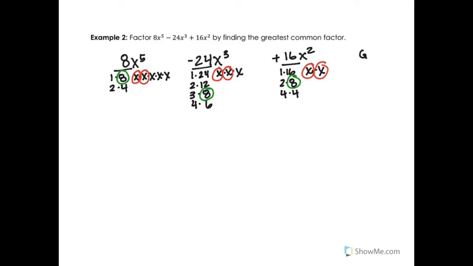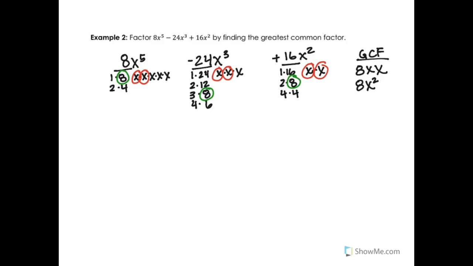So let's list all the parts of my greatest common factor, or my GCF here. First, I know that I have an 8 in common, I have an x in common, and I have another x in common as well. But if I simplify this, this is just 8x to the second power, because I'm using x 2 times in this term.